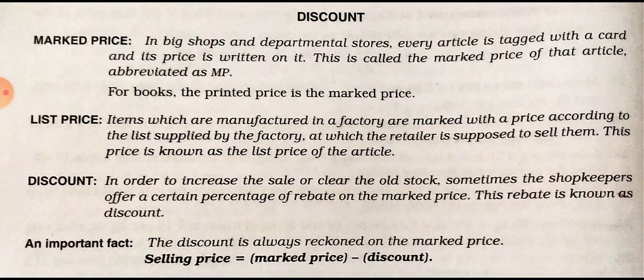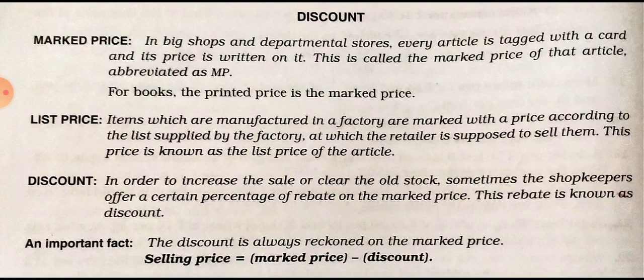Now here comes our main topic, that is discount. In order to increase the sale or clear the old stock, sometimes the shopkeeper offers a certain percentage of rebate on the mark price, and this rebate is called discount. There is one important fact also, students: the discount is always reckoned on the mark price.